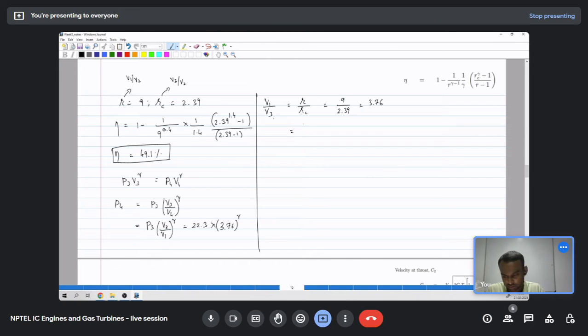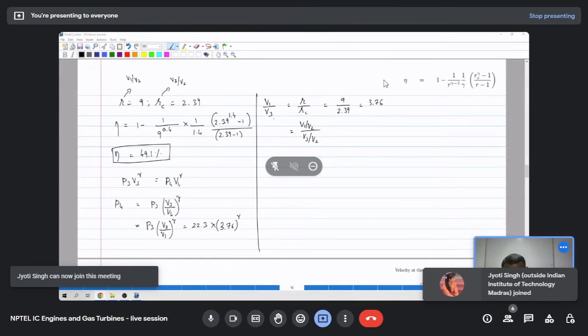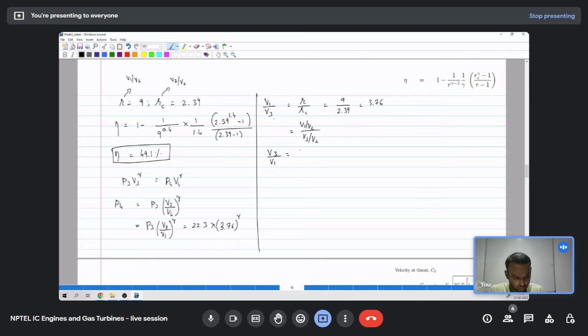Because R is V1 by V2 and RC is V3 by V2. Cancelling the V2, we will have V1 by V3. So that means V3 by V1 is 1 by 3.76.